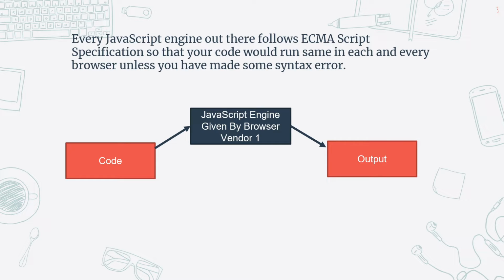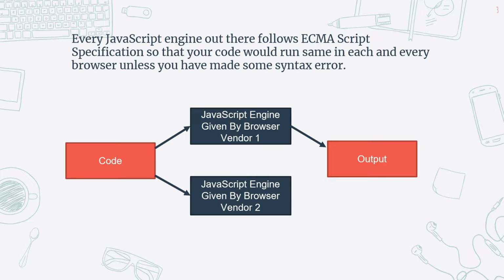The browser vendor 1 has provided you the engine, and this engine can successfully convert your code to machine code and display you output. Now let's try another browser and see whether the browser engine is successfully able to convert the code or not. So if that engine is successfully able to convert the code into machine code and produce output, then we can say that both are following ECMA specification, and thus they are very good JavaScript engines. So every JavaScript engine should follow ECMA specification.